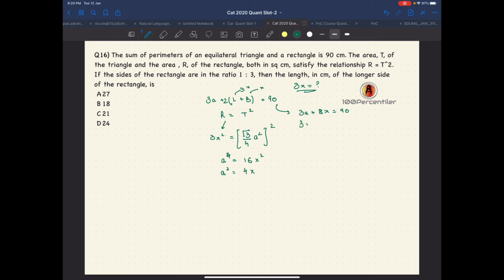So in this equation, putting x equal to a square upon 4, we get 3a plus 2a square equal to 90. 2a square plus 3a minus 90 equal to 0. This can be written as, so we are just factorizing here.